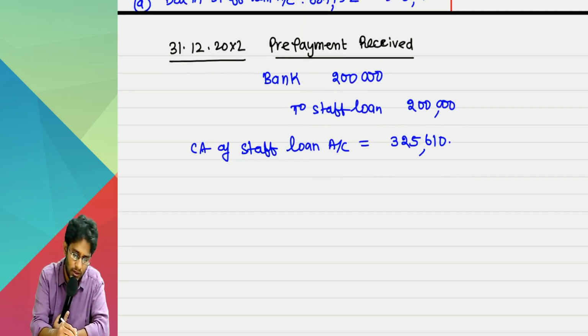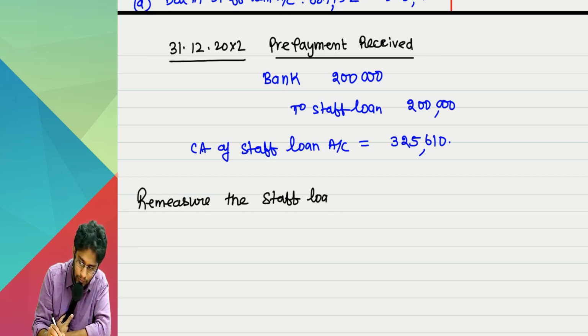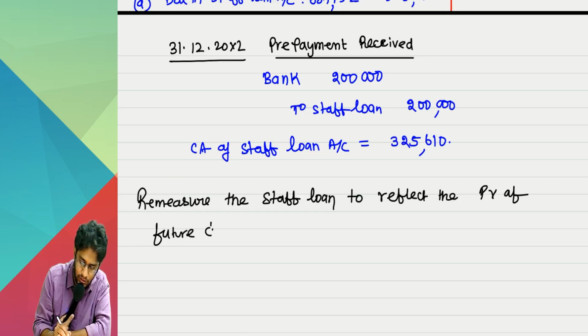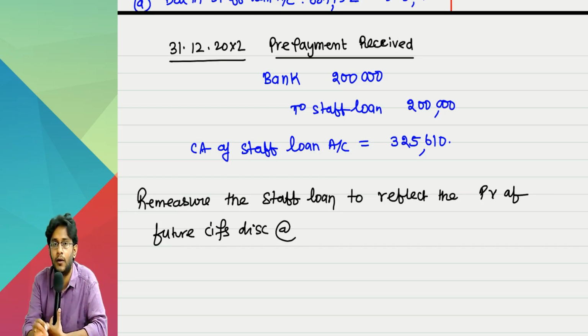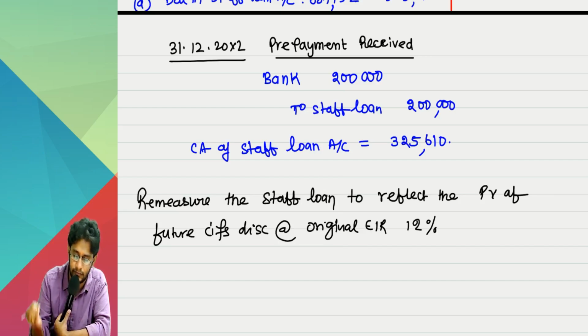Sir, then what to do, sir? What to do? Nothing. All you have to do is just to remeasure the loan. Remeasure the staff loan. In what way? To reflect the present value of future cash inflows. Discounted at what rate? Original EIR, sir. Original EIR. You should not go to the market today and bring today's rate.